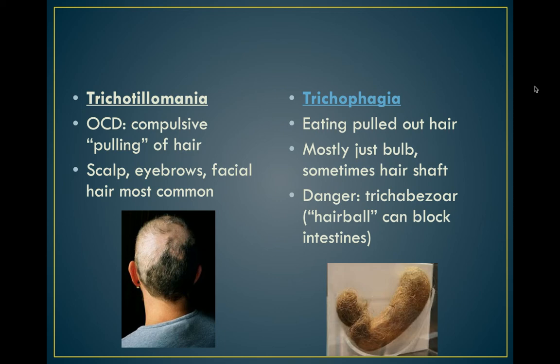And so you could potentially form essentially a really big hairball that's called a trichobezoar, and that could block your intestines. And if you block your intestines, you are in a bad position, mostly because you could start to restrict blood flow to your intestines and kill off some of that tissue, which is not good.